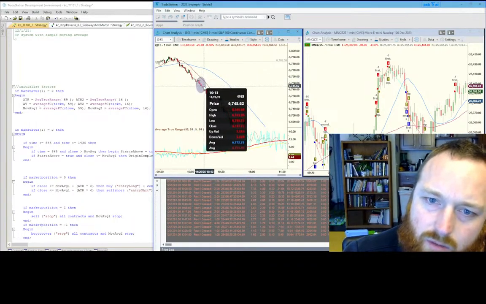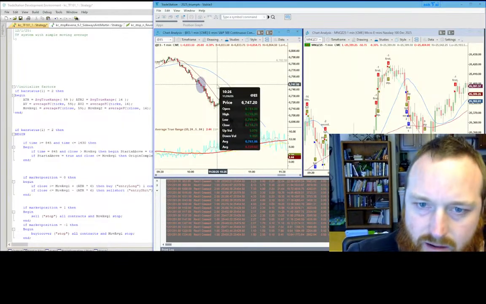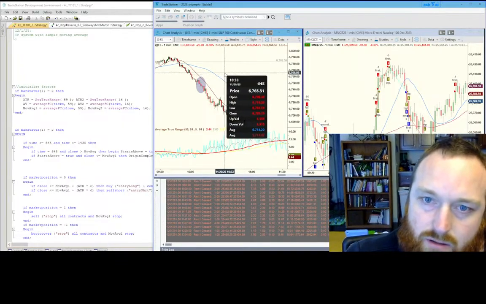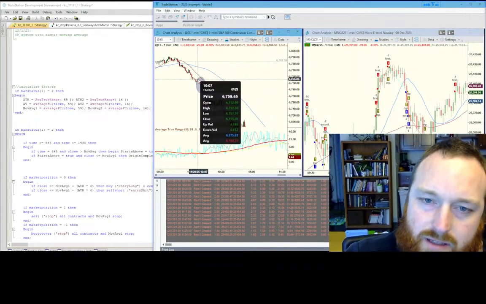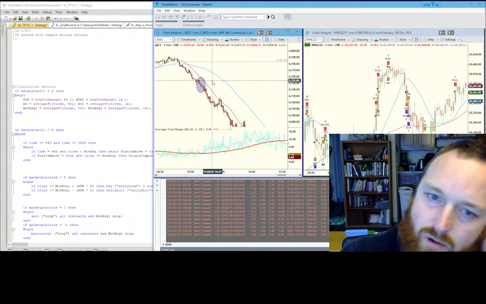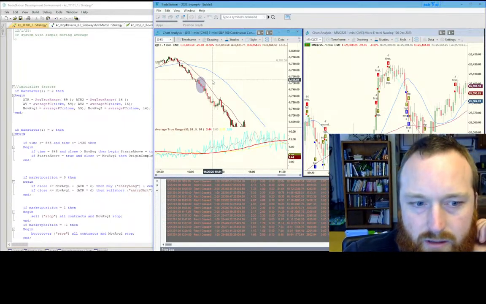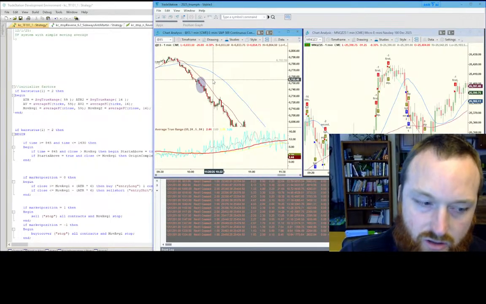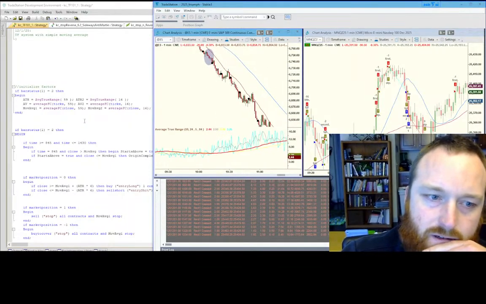So I'm waiting for the market to touch the moving average to say it's near average price again, to then resume. Then I allow myself to look for trades. So I don't want to take an old trade or an old signal, a signal that I should have taken already. I want fresh signals during this day. So that's what I'm doing right now.